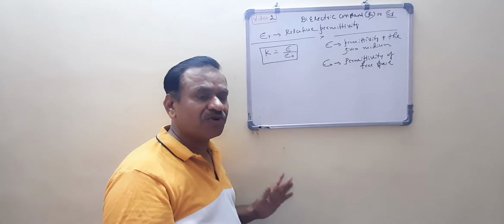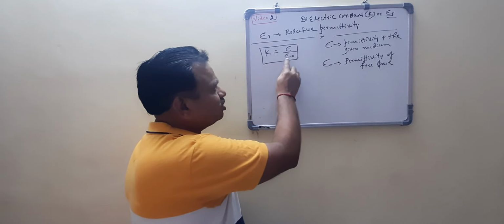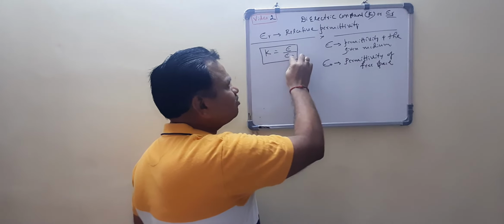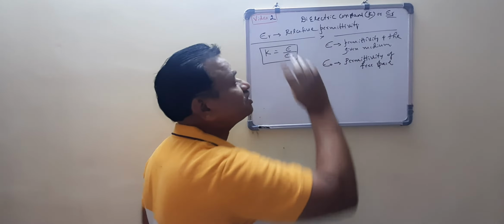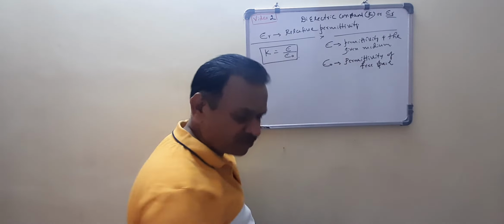This will differ from one material to another material. Here, epsilon naught is a standard quantity. Everything we are comparing with respect to free space.